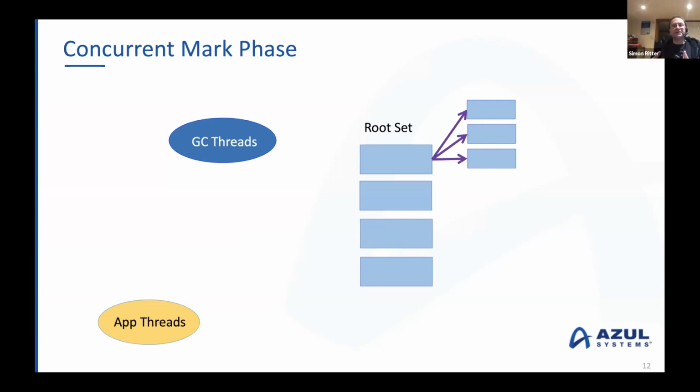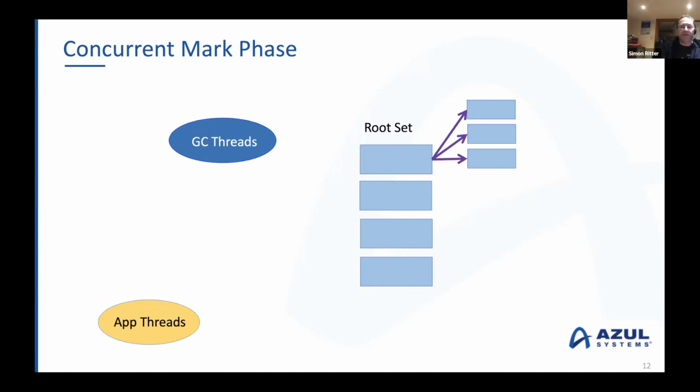To generate that, we will scan the stack, we will look at the registers, we will look at static variables, and we'll build up that list of objects. Obviously, many of those objects will reference other objects, and then those objects will reference objects and so on. So we need to use that root set, and we need to trace from it to build up the complete graph of accessible objects from the application code.